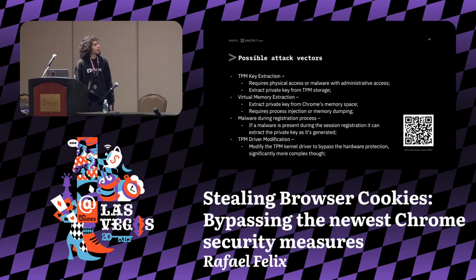Virtual memory extraction: maybe during the process of Chrome writing this private key to the TPM, we can middleman it, I don't know; it possibly requires process injection or memory dumping. And of course, malware during the registration process. If malware is present during the session registration, it can extract the private key as it's generated, as I've said.